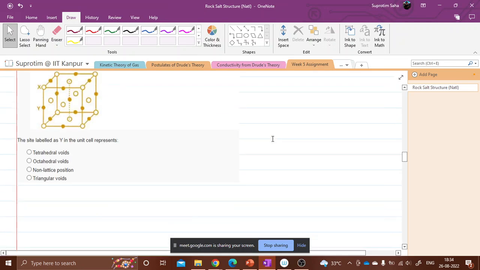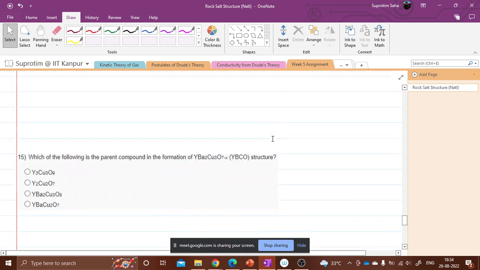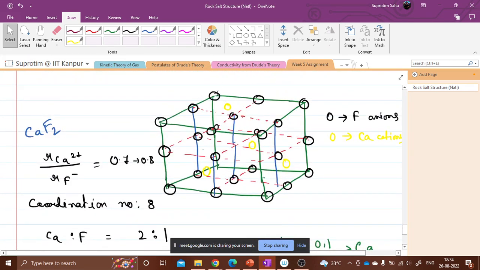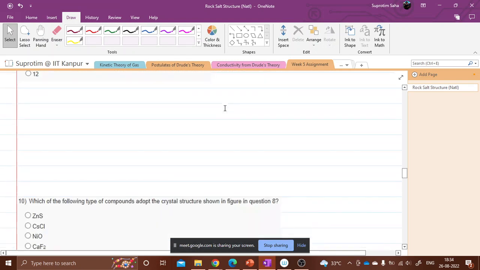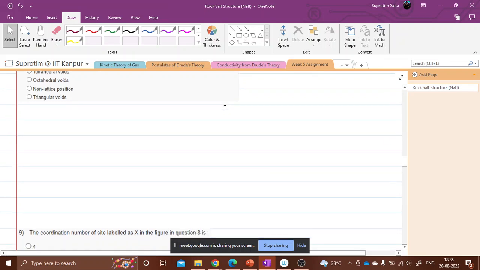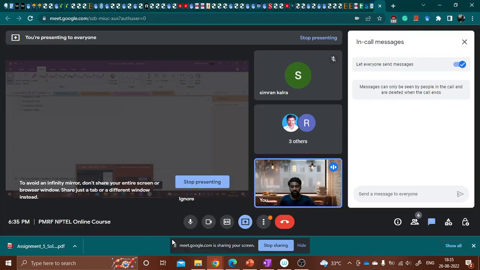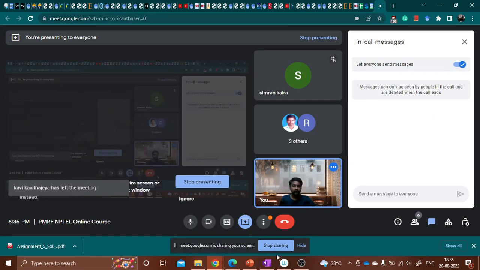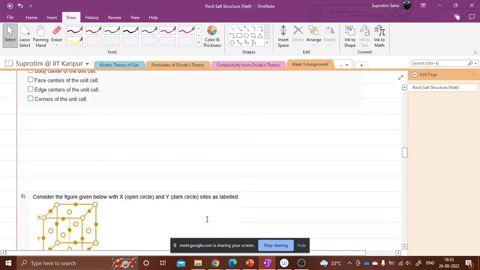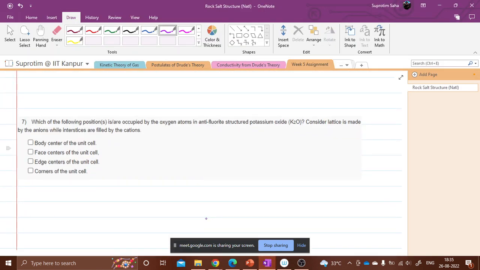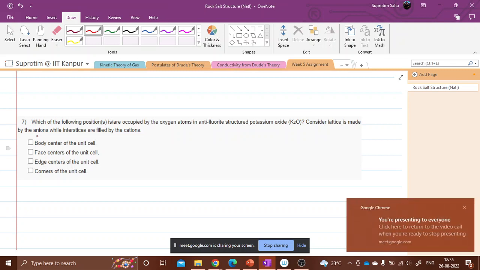Earlier it was the calcium that was sitting at the face centers and the corners of the unit cells. Now the oxygen will sit at the corners and at the faces of the unit cell. Okay.